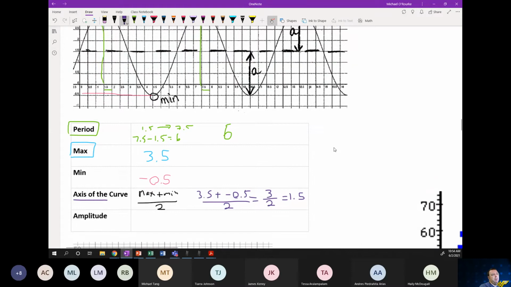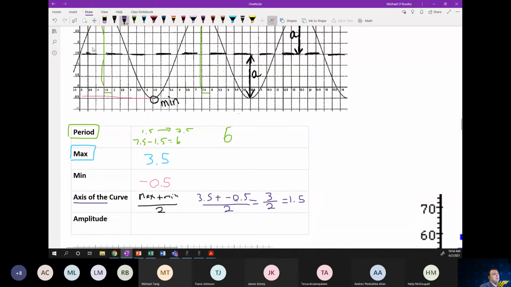Which means if I go up my graph here, if I cut the graph in half right here where my purple line is, that's my axis of the curve there. Okay, cuts it in half horizontally. Okay. What color did I use there?